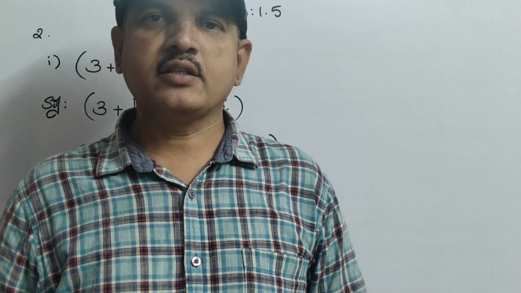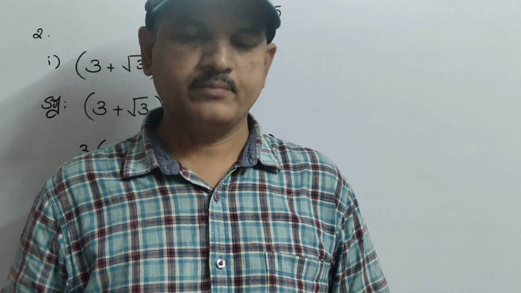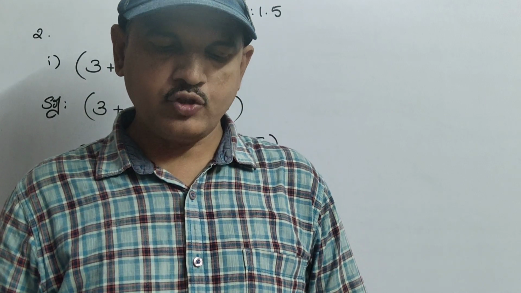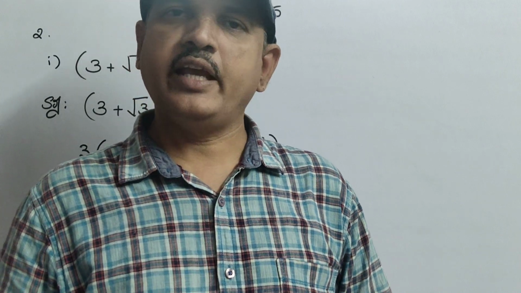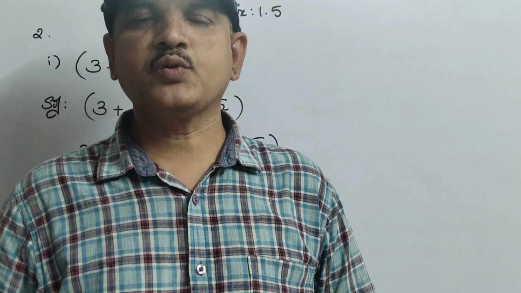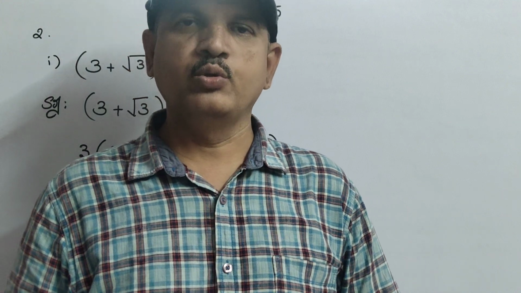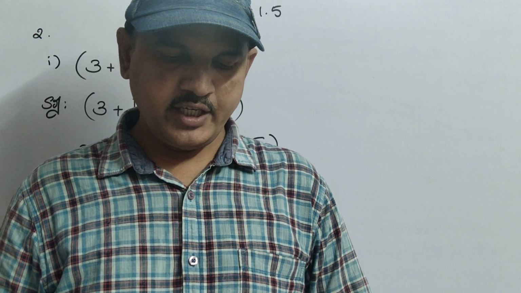The third sum, (root 5 plus root 2) whole square, is also the same as the (a plus b) whole square formula. And coming to the fourth question, (root 5 minus root 2) into (root 5 plus root 2), same (a plus b) into (a minus b), that is a square minus b square. So a here is root 5 and b here is root 2. Substitute in that and you can simplify the second Roman.